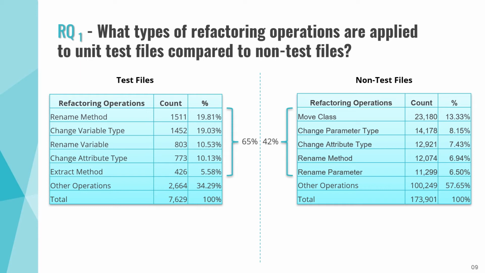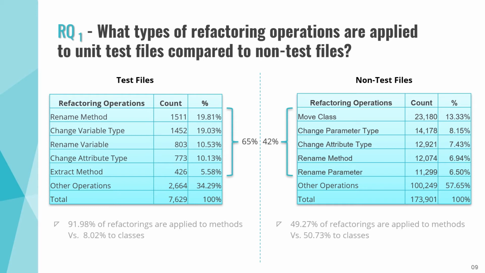In test files, the majority of the refactoring operations are clustered around data type changes and identifier renames. Next, we see that most of the refactoring operations in test files are applied to methods. This is not surprising, as methods are key components of test suites.